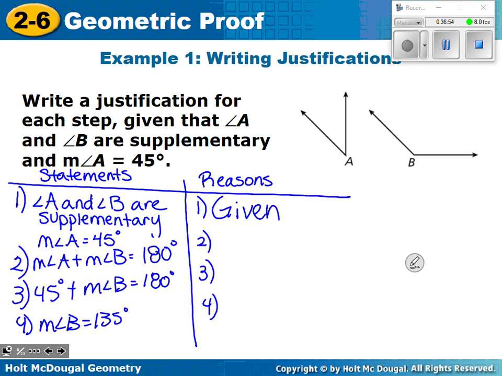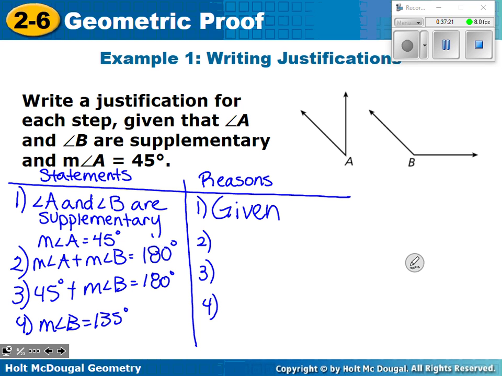Or you're looking at the picture and asking, did it come from the picture? So what did they previously tell us in number 1 that would let us know that A plus B is equal to 180? That is something they gave us, but it doesn't tell us that A plus B equals 180. What tells me A plus B equals 180?